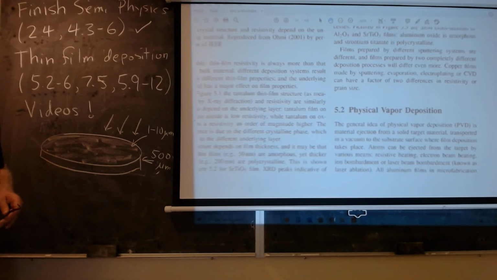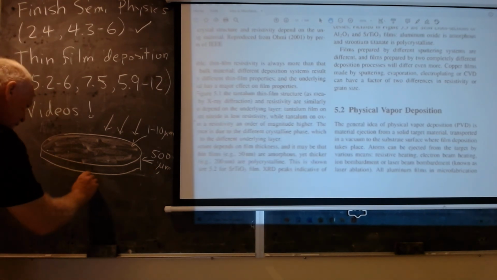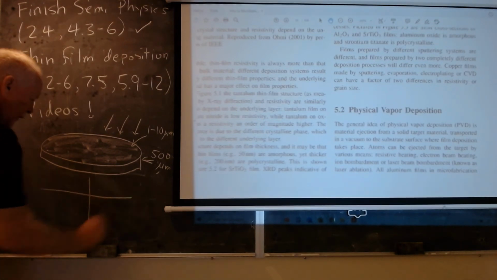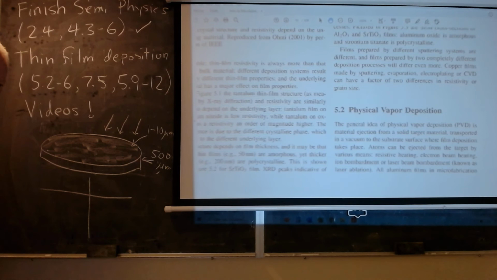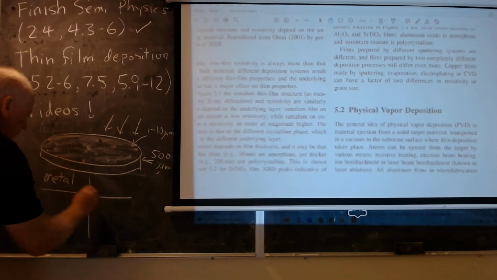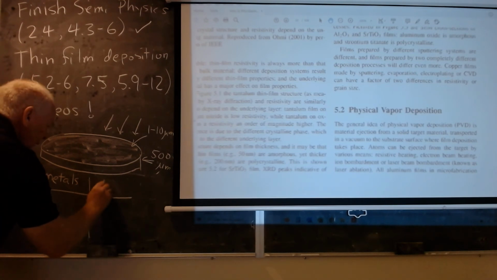And if I could just jump ahead maybe, there's two categories of thin films. There's metals, and there's what's called dielectrics.